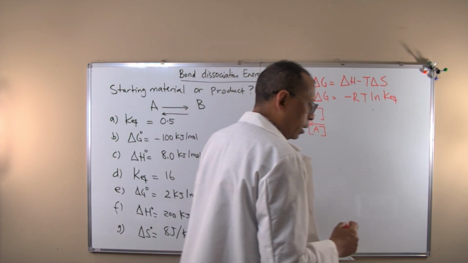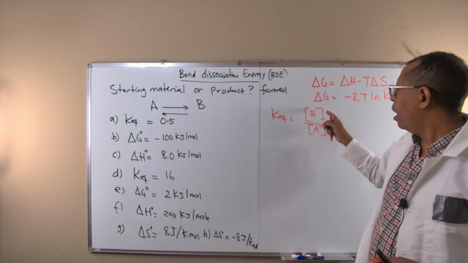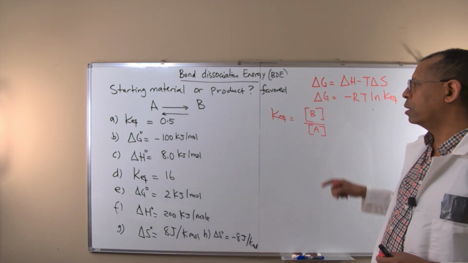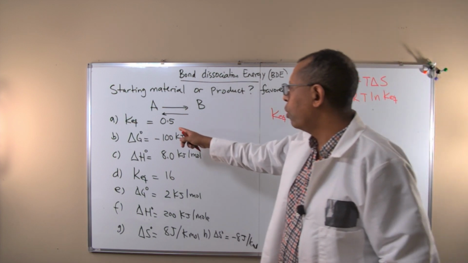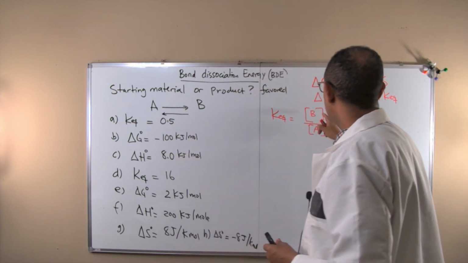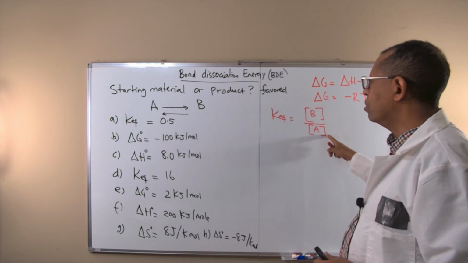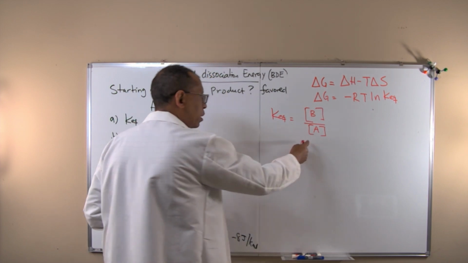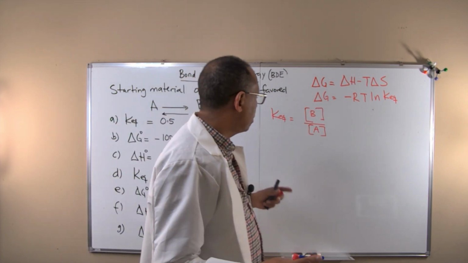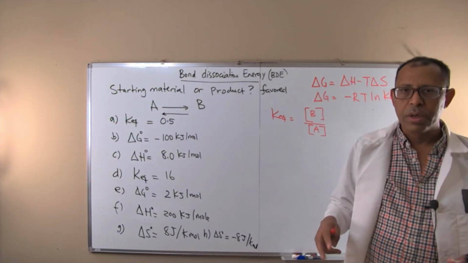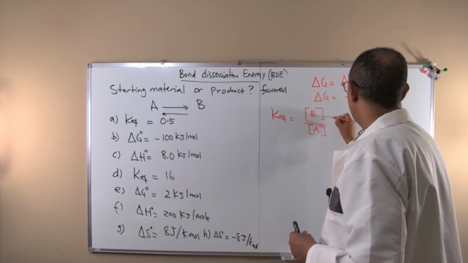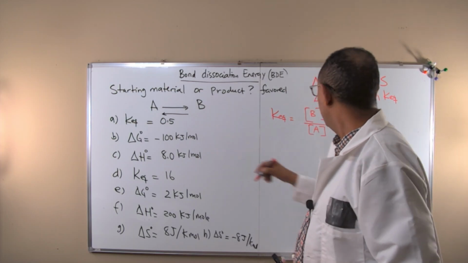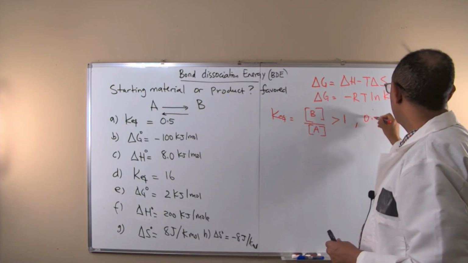The product side is favored if the numerator is greater than the denominator. So a K equilibrium of 0.5 means a 1 to 2 ratio, meaning that for each one of B formed, there are still 2 of A. K equilibrium should be greater than 1 for the reaction to proceed to the product side, but here we have 0.5.